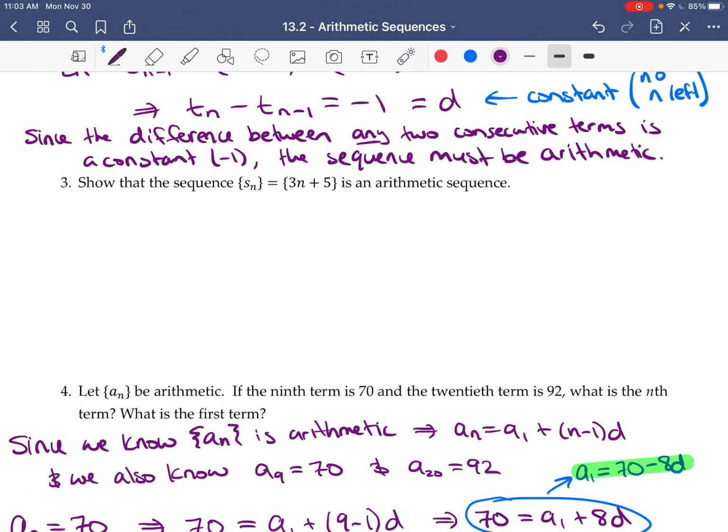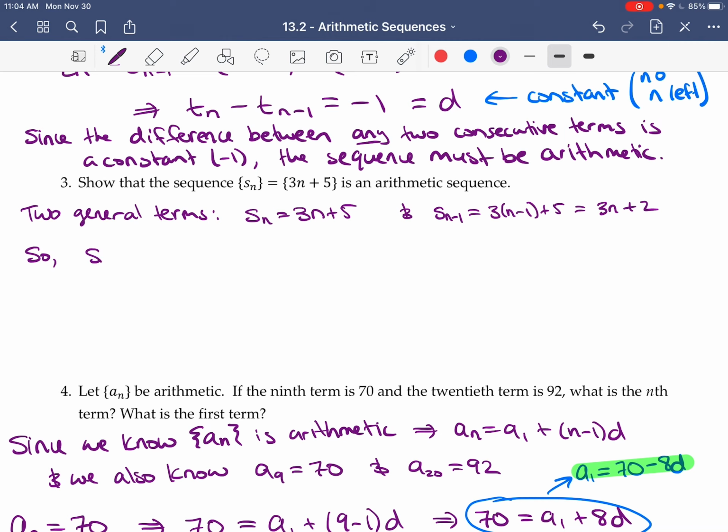So I want to take two general consecutive terms. So I'm going to take s_n, which I know is 3n plus 5. And the term before, s_(n-1), is 3 times (n minus 1) plus 5, which is 3n minus 3 plus 5, so it's going to be 3n plus 2.